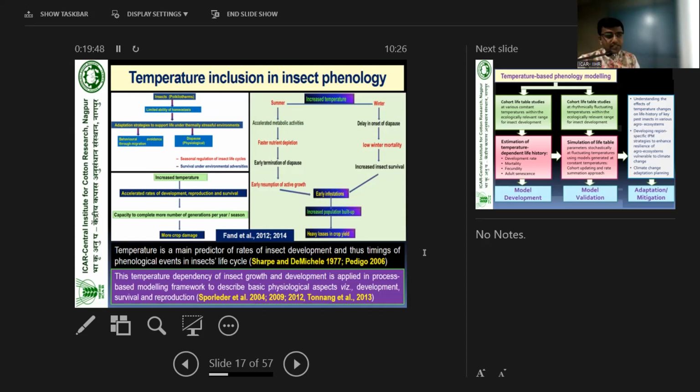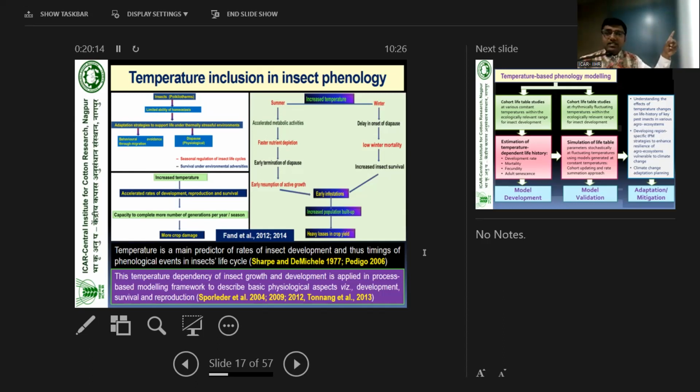Then increased temperature in summer and winter have two different implications. Winter warming, in the first slide itself we have studied, delays the onset of diapause. We cannot say that there will be no diapause, but there will be a delay in its onset because chilling hours are not there to meet the requirement of diapause. And because of that, there is low winter mortality.